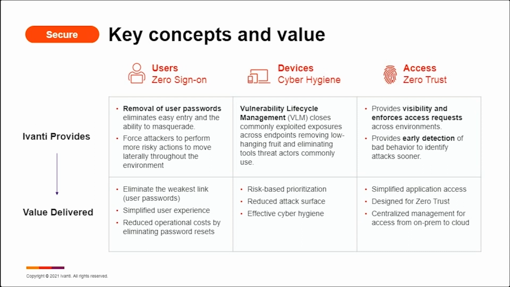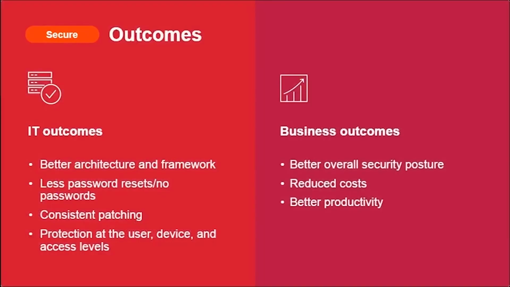So those are, at the highest levels, three key areas that we're focusing on, which is from a user security, a device security, and an access security perspective. And the outcomes that we are hoping to drive are in two buckets. One is for IT. We're hoping to provide them with better architectures and frameworks that will be able to scale to the needs of mobile cloud operating environments.